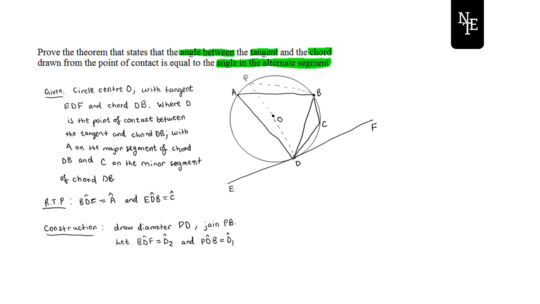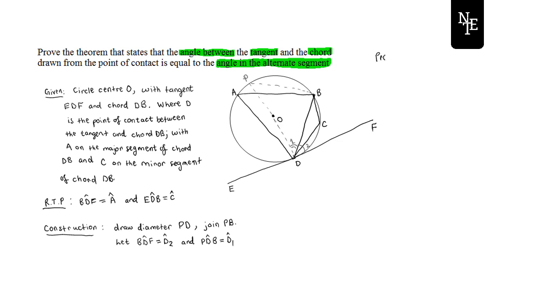We are letting angle BDF equal angle D2, and angle PDB, this angle over here, we are making equal angle D1. That's all the construction that we've now made, and our diagram is now set up for us to do our proof.